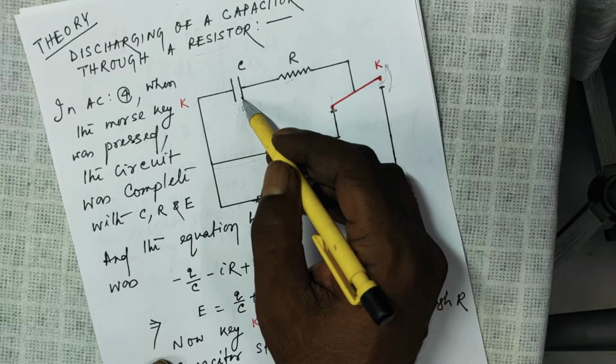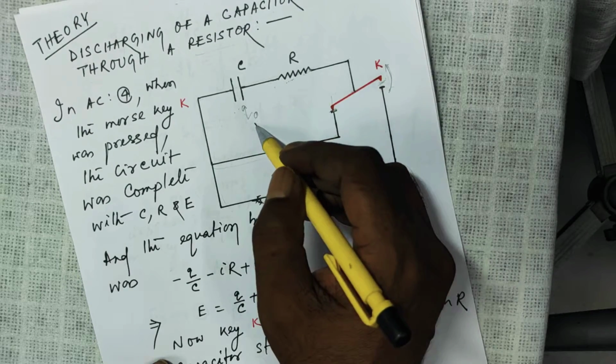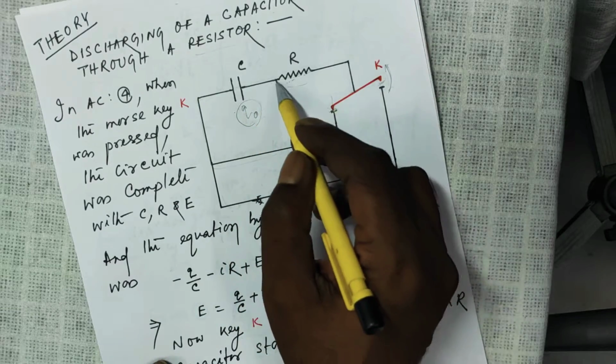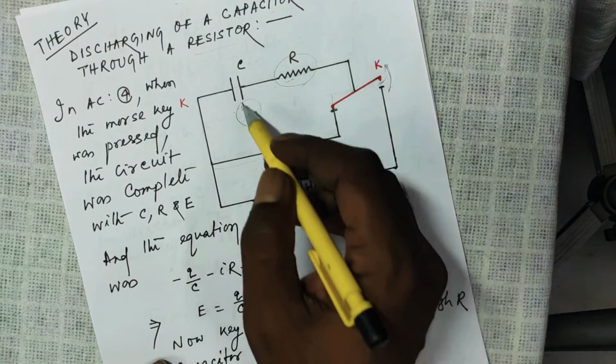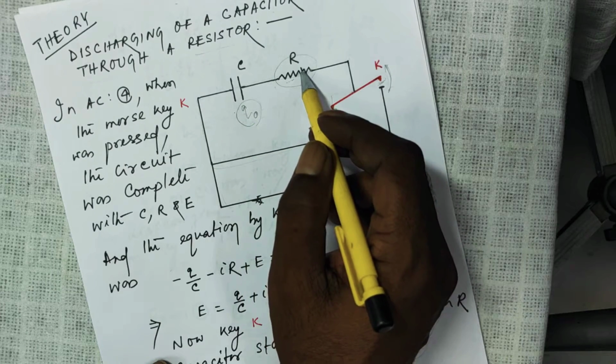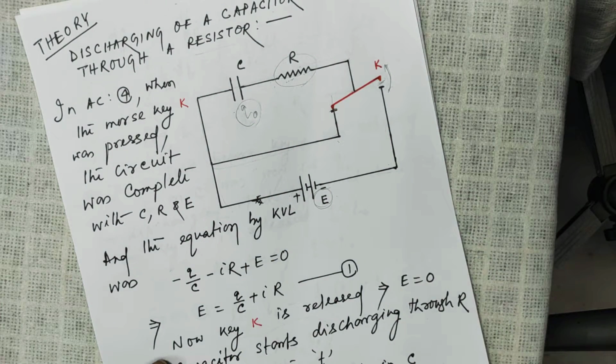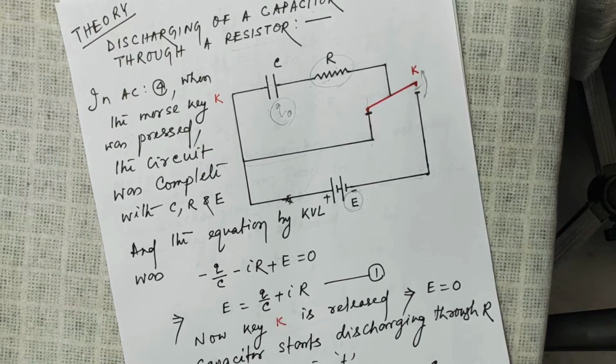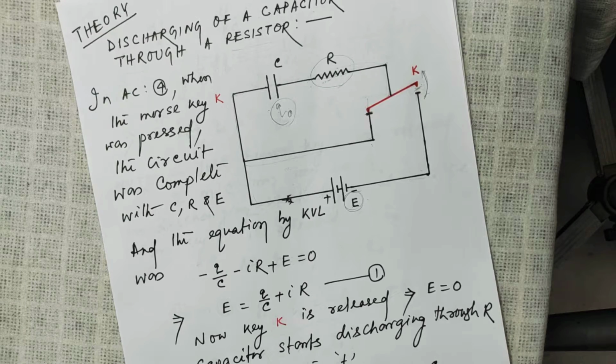So whatever charge was accumulated in the capacitor, that was Q naught, now this starts discharging through the resistor. Means the energy of the capacitor will be available across the resistance in the form of heat or light. So that is the thing that we are going to study about the discharging of the capacitor.